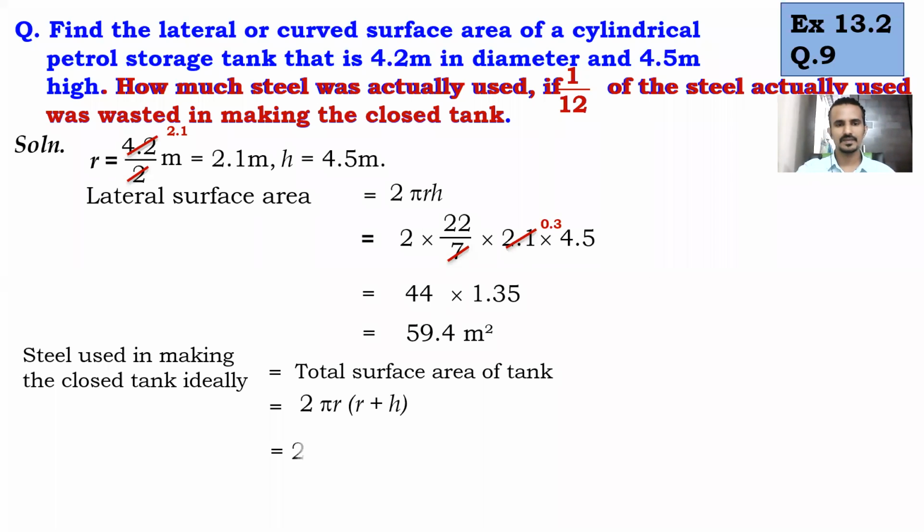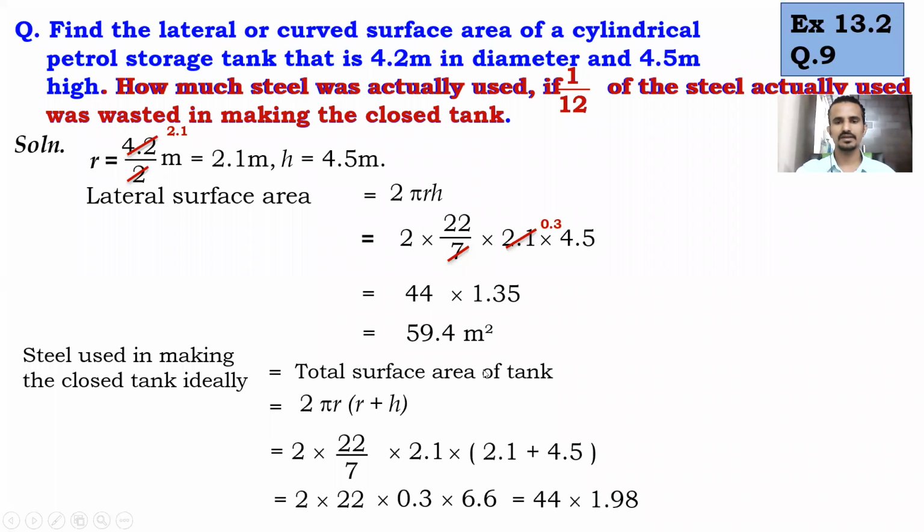Let's calculate this. 2 into 22 upon 7 multiplied by 2.1, and in the bracket there will be 2.1 plus 4.5. Here what you can do is, in this second last step, the 7 ones are 7 and 7 threes are 21, so that is 0.3.